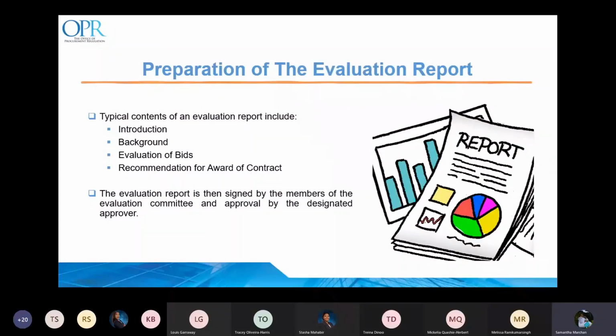For instance, the recommendation may include negotiations with one or more supplier or contractor once the process permits, reviewing and reissuing the bid documents, or a decision not to proceed. It is important that throughout the evaluation process, transparency is maintained and seen to be maintained.